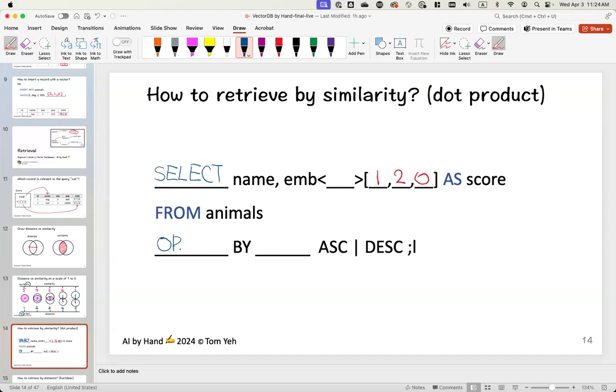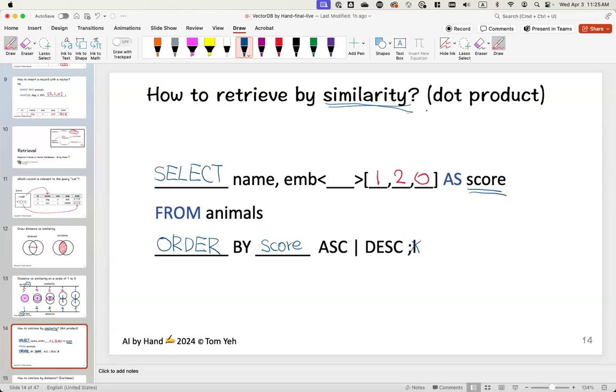So I order them by a particular field. I'm going to assign this to a score, and so order by score. This is the most important thing: is it ascending or descending? I have a little typo here. Do you remember dot product similarity? One way to calculate similarity is through dot product. We're going to talk about dot product next.